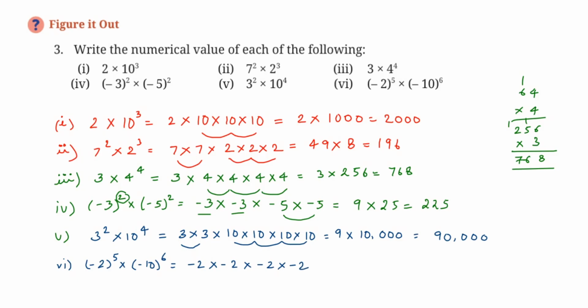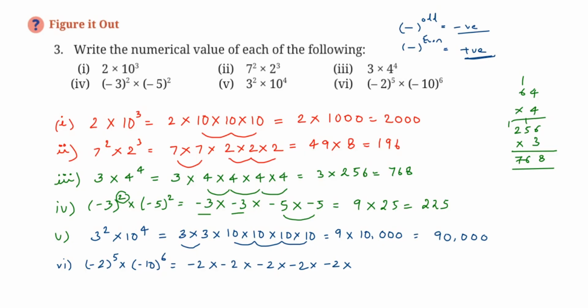If you don't put the negative sign, your whole answer will go wrong. So remember, if we have a negative sign and the power is odd, then in the final answer you will have a negative sign. And if you have a negative sign and your power is even, then your final answer will be positive. Means in the final product you'll put a plus sign or no sign.